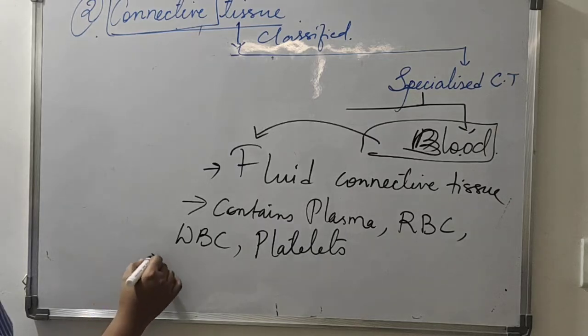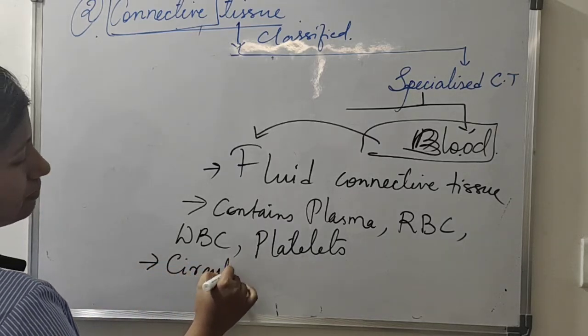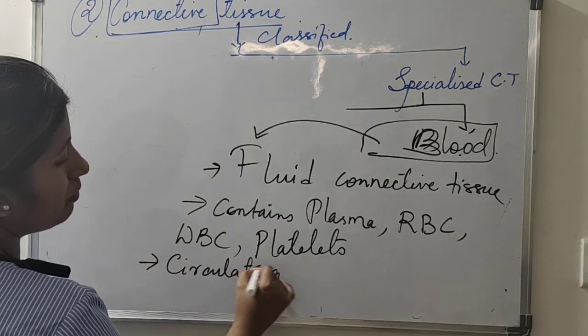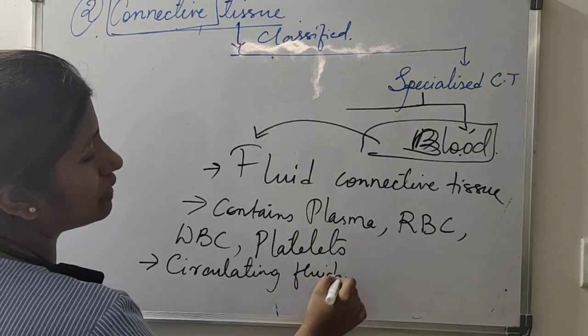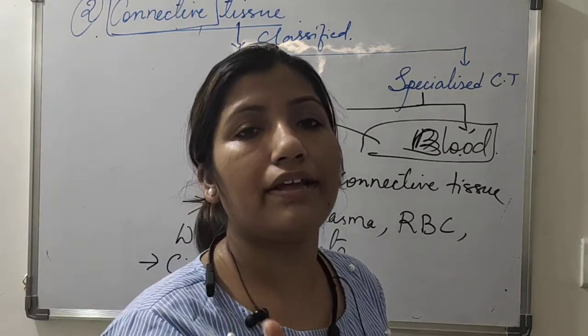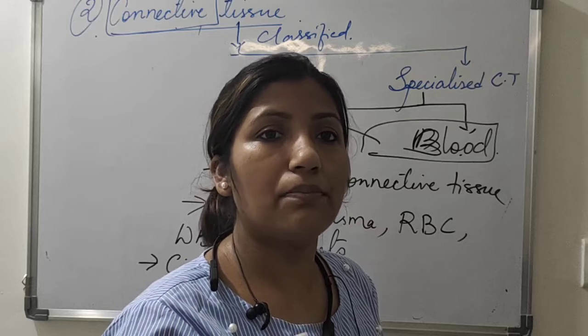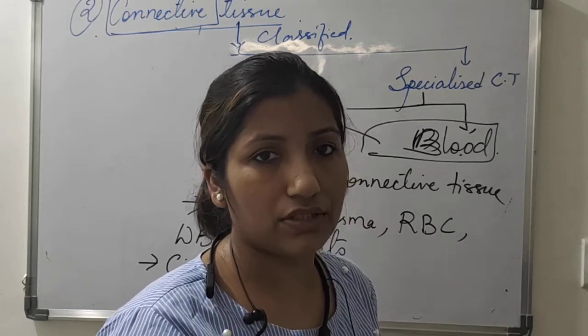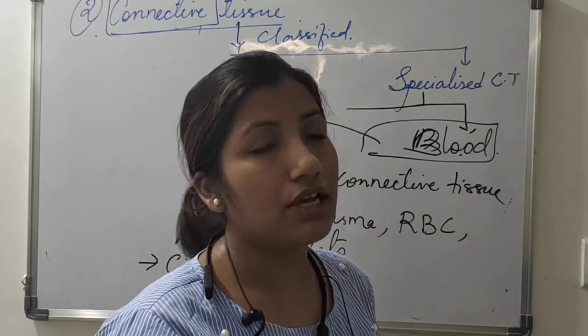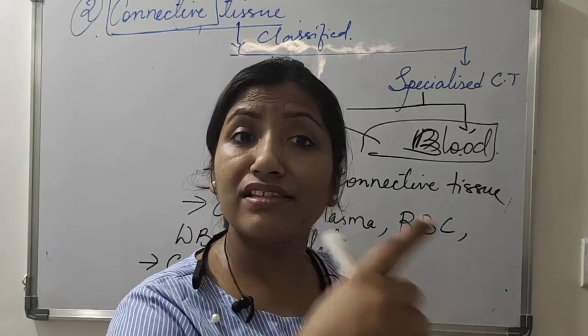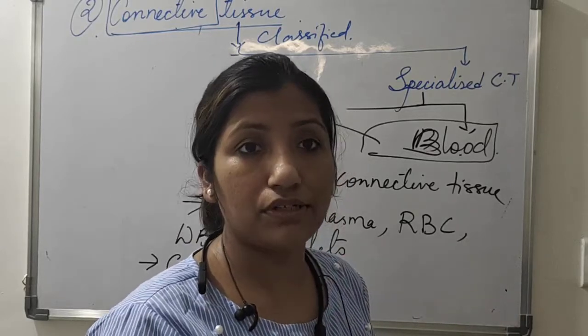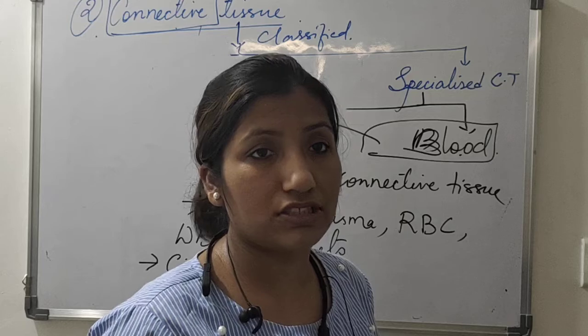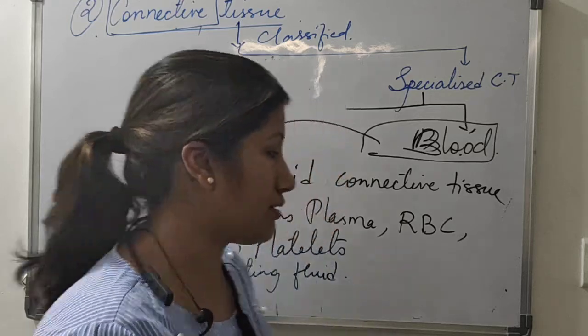And it is the main circulating fluid. In our body we have two types of fluid, blood and lymph. But lymph does only one-way circulation and it is a very slow circulation, whereas blood is the main circulating fluid which immediately supplies oxygen and nutrients to our tissue.